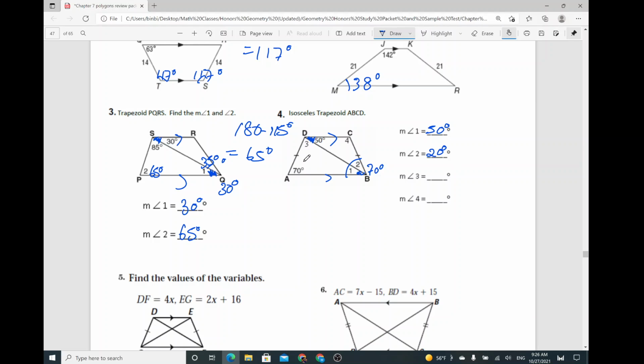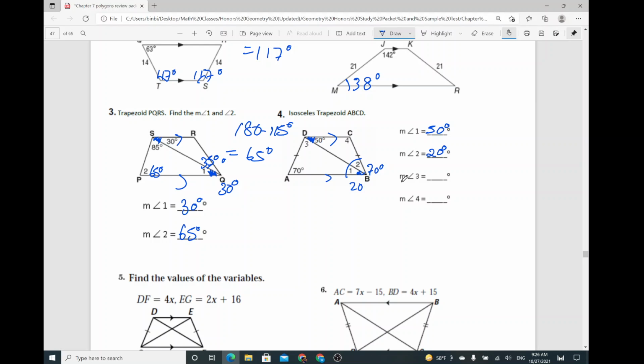Angle 3. This one is kind of interesting.